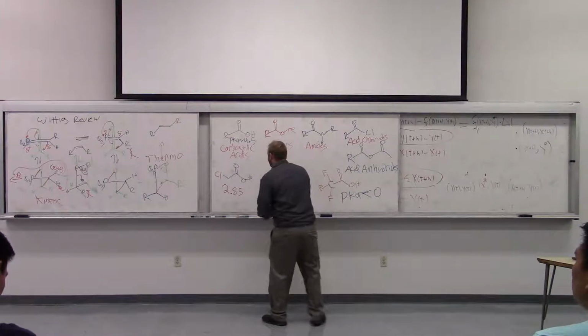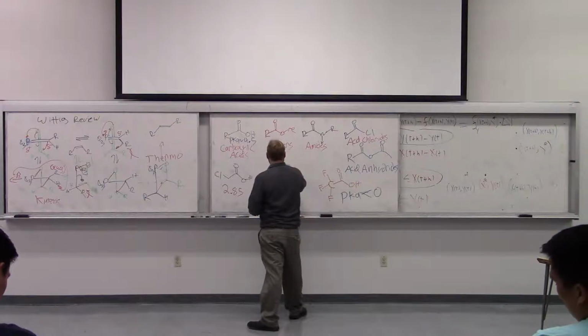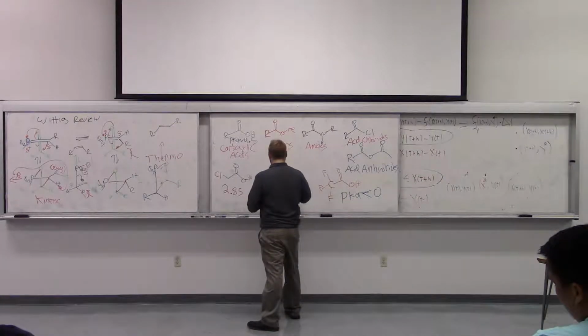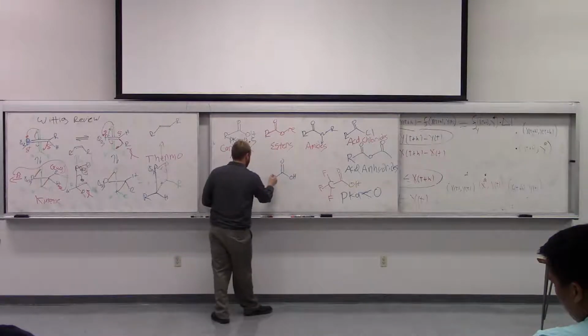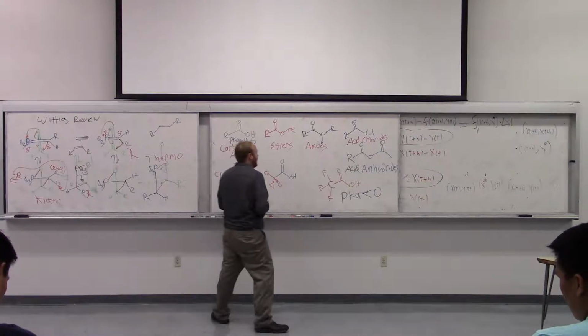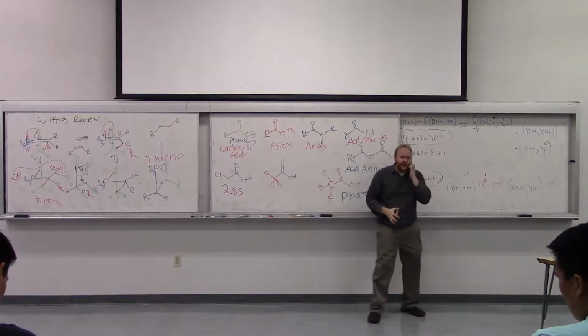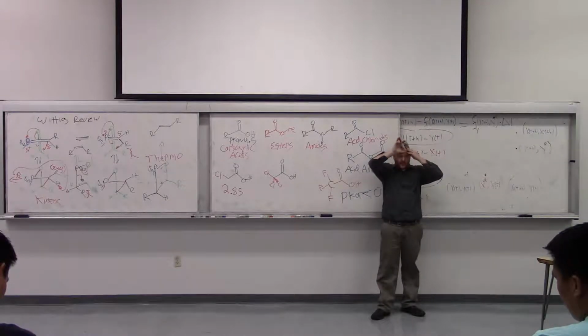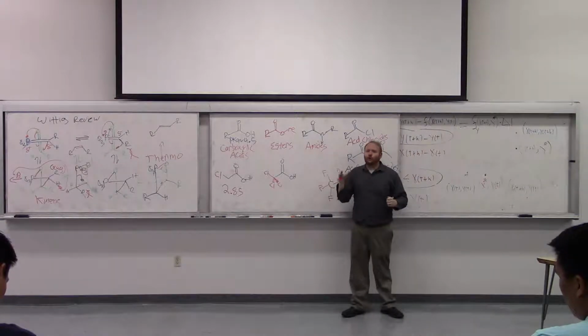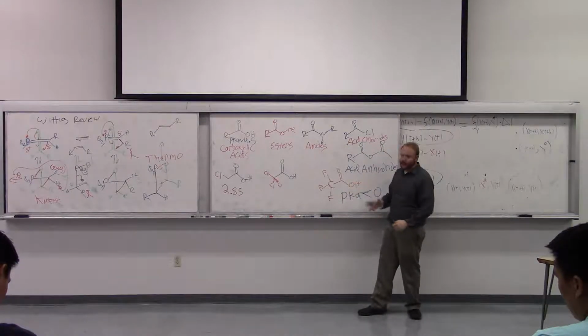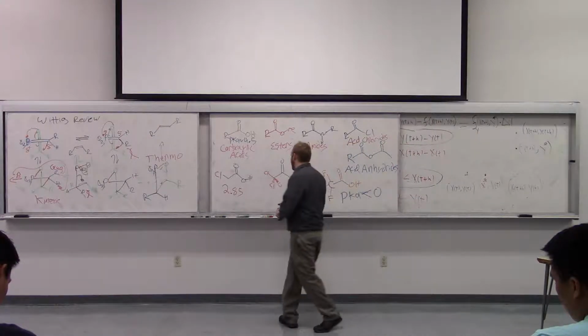Whereas if you have trichloroacetic acid, it now has a pKa of, I believe, a little less than 1. I believe it's 0.85. And of course, chlorine is not as good of an electron withdrawing group as fluorine. So that's why TFA is more acidic, because fluorine is a better electron withdrawing group.